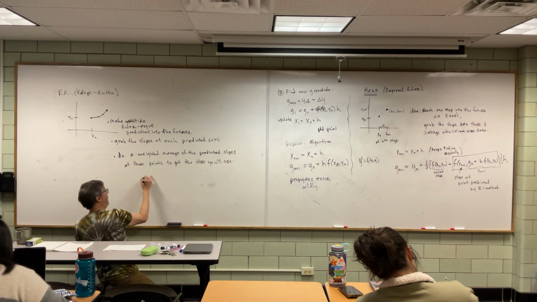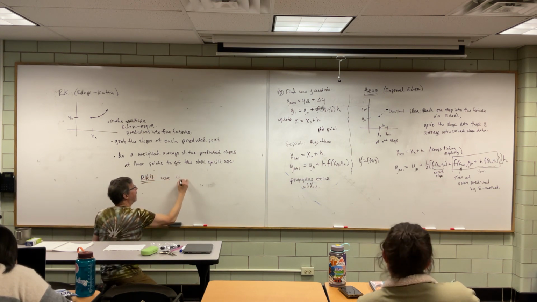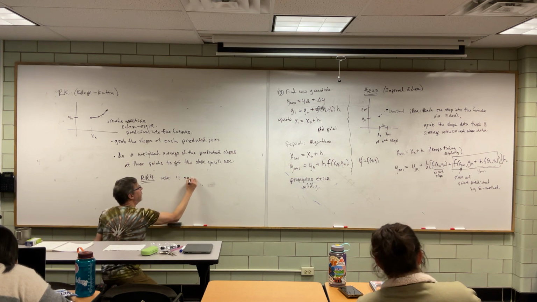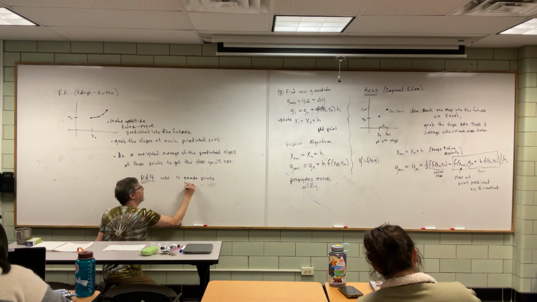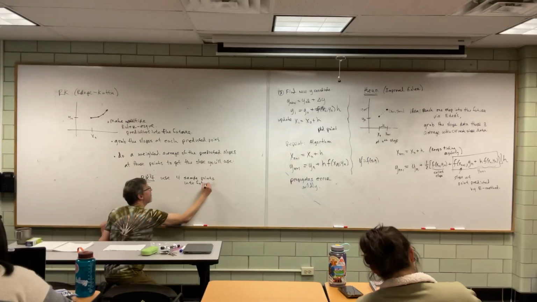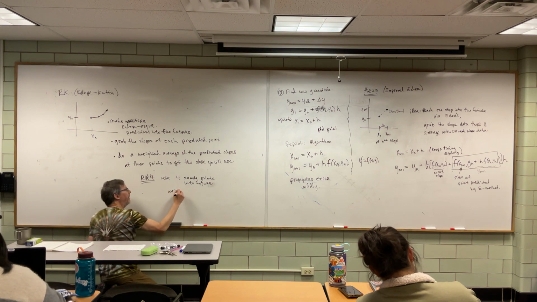So this RK4 that we saw uses 4 sample points into the future, and it weights them like this.